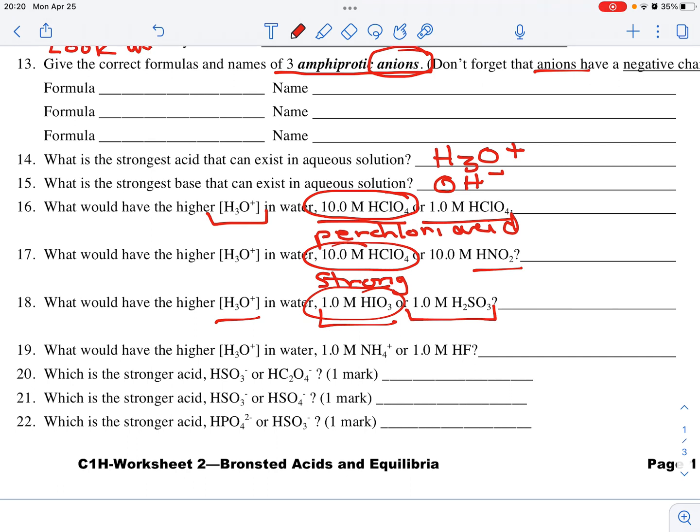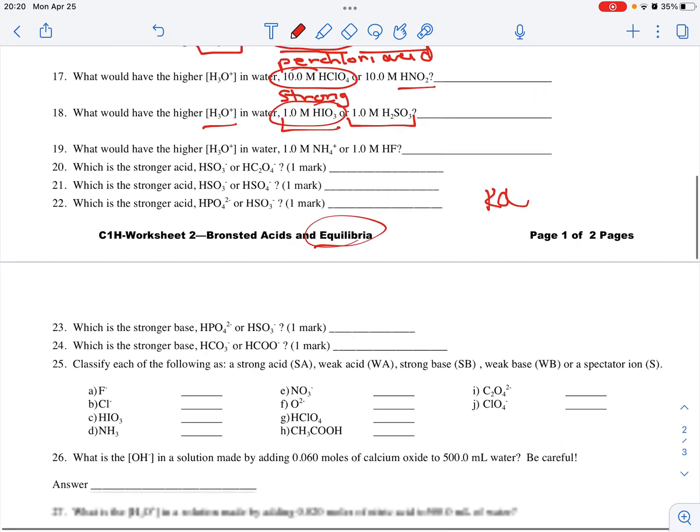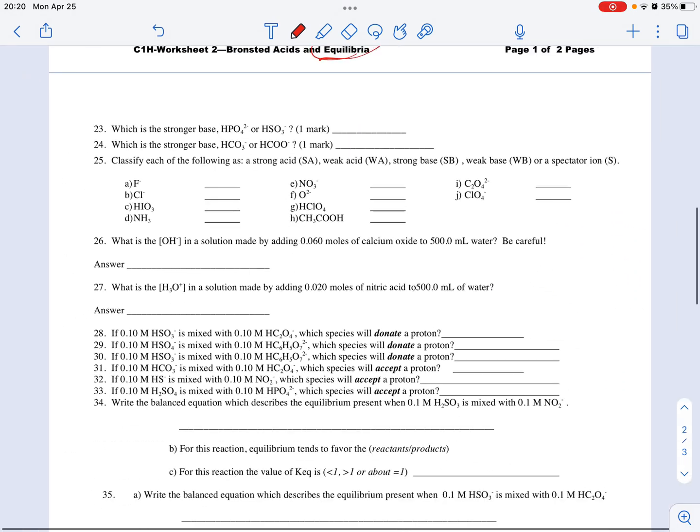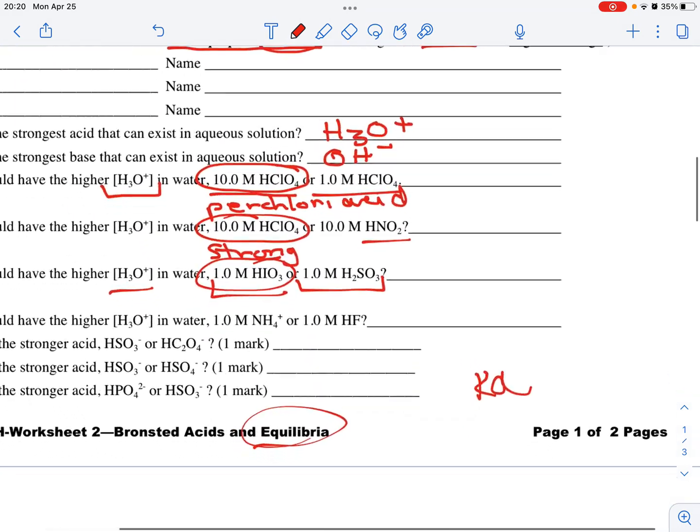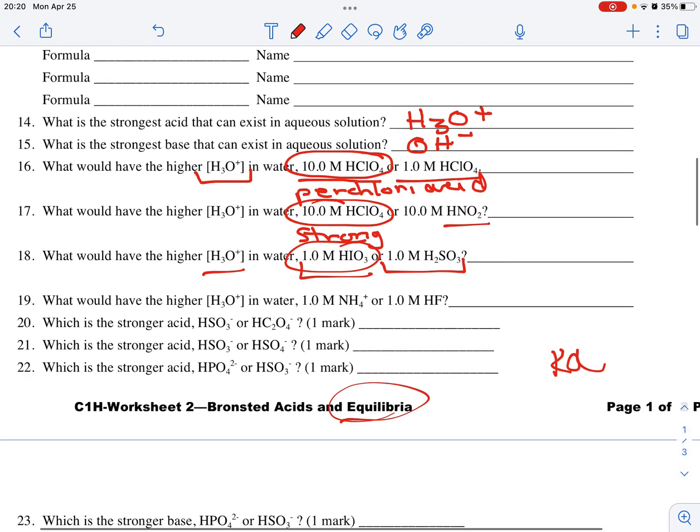And that would be based on, we'd have to look up the Kas for these. I'm thinking. So I think on these you're going to have to start looking up some Kas.